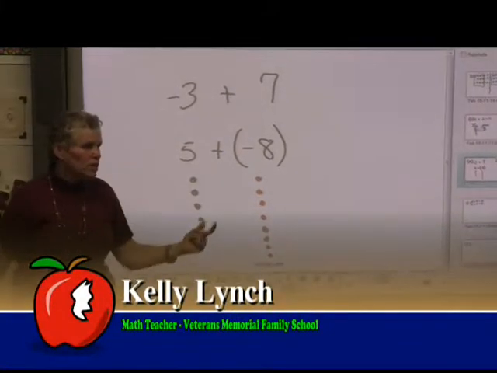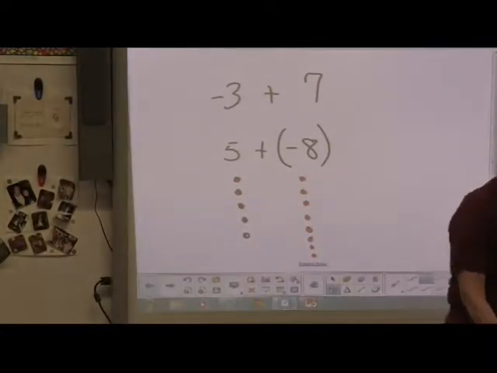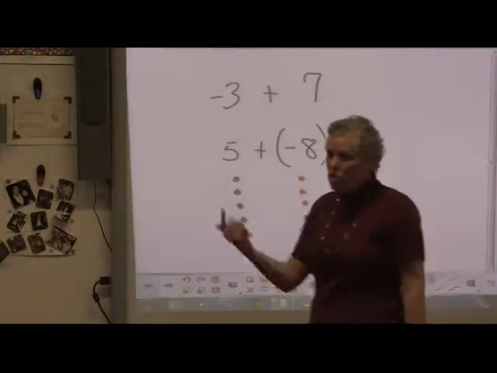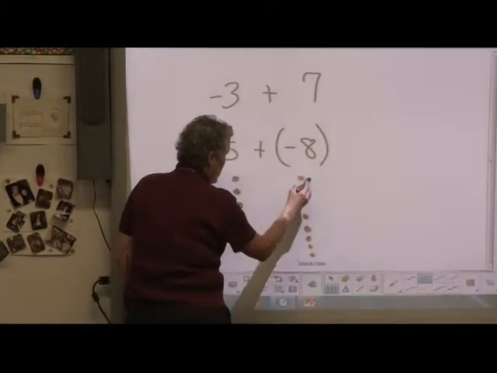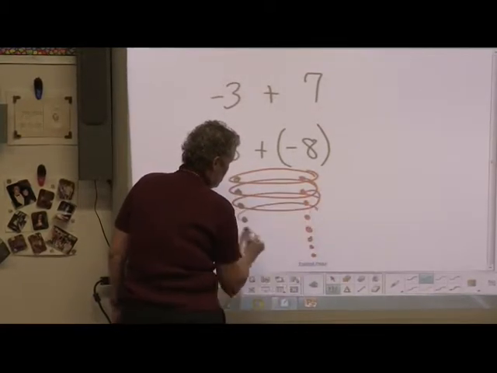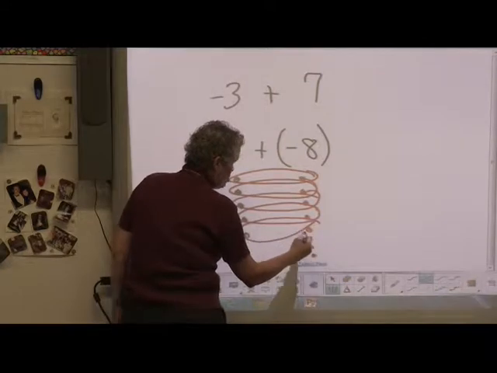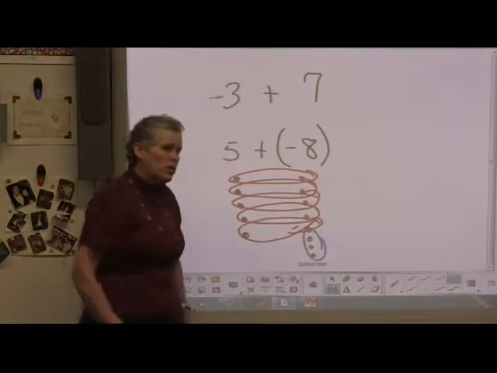Because they're on different sides of the 0, right? To the right is positive and to the left is negative. Then I can do this, and my answer is going to be whatever I'm left with.